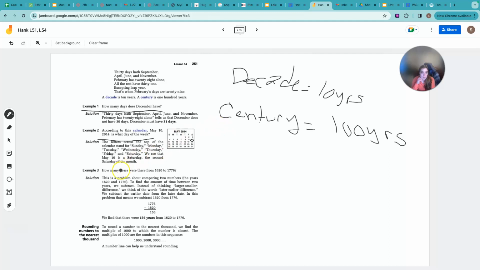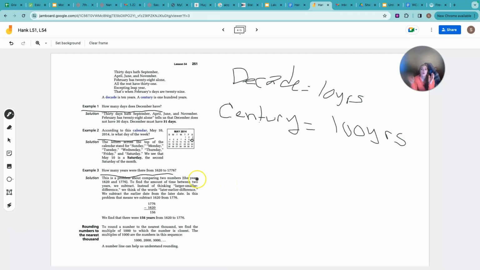Example 3. How many years were there from 1620 to 1776? This is a problem about comparing two numbers. So we're going to set it up like a subtraction problem because it says how many years were there from 1620 to 1776.